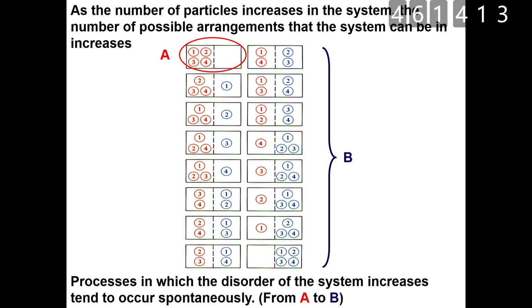If we have more molecules, like 4, and each one we can name 1, 2, 3, 4, because each one is different, there are a total of 16 arrangements for these 4 molecules.